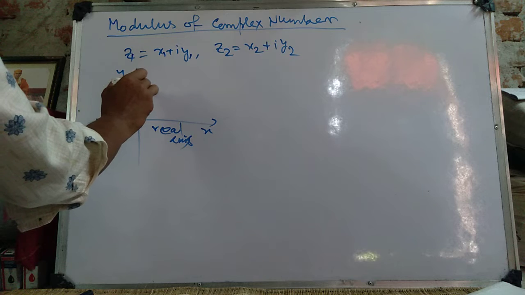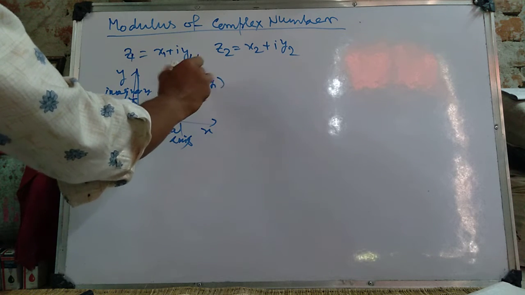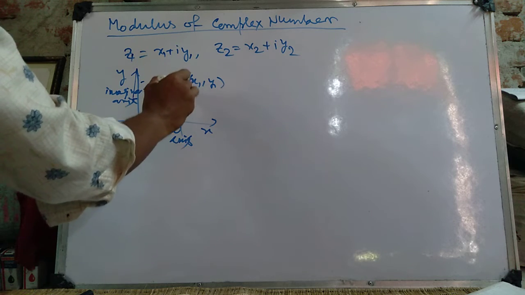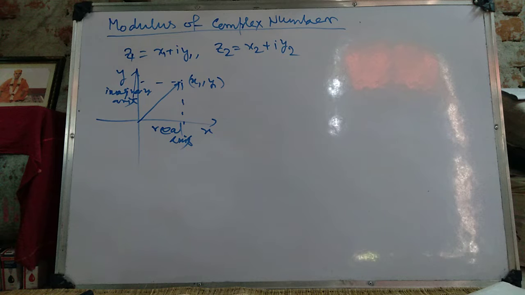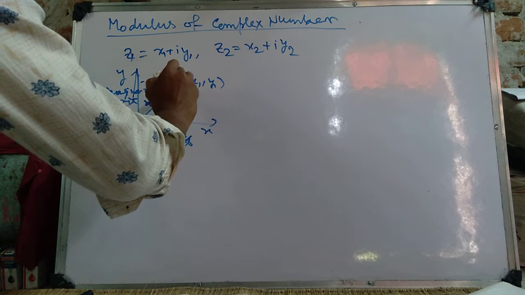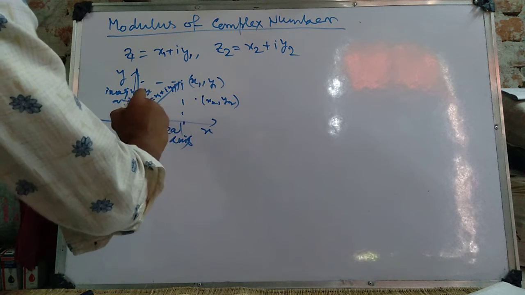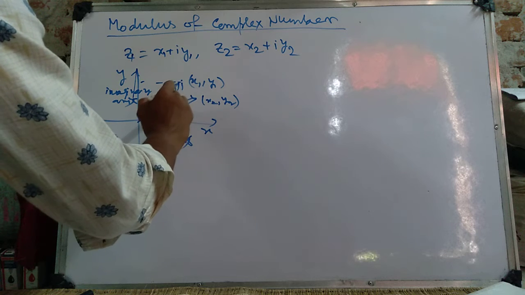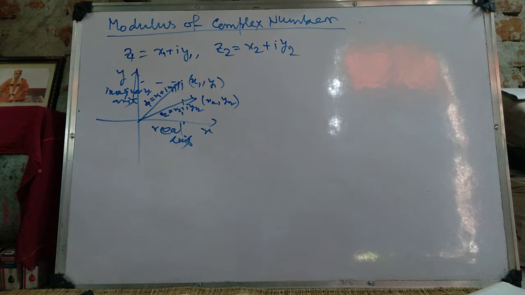Then one point here is (x1, y1), which represents one complex number z1, written as z1 equal to x1 plus i y1. Similarly, here is (x2, y2), which represents z2 equal to x2 plus i y2. This is the representation of a complex number that we also talked about in the previous class.